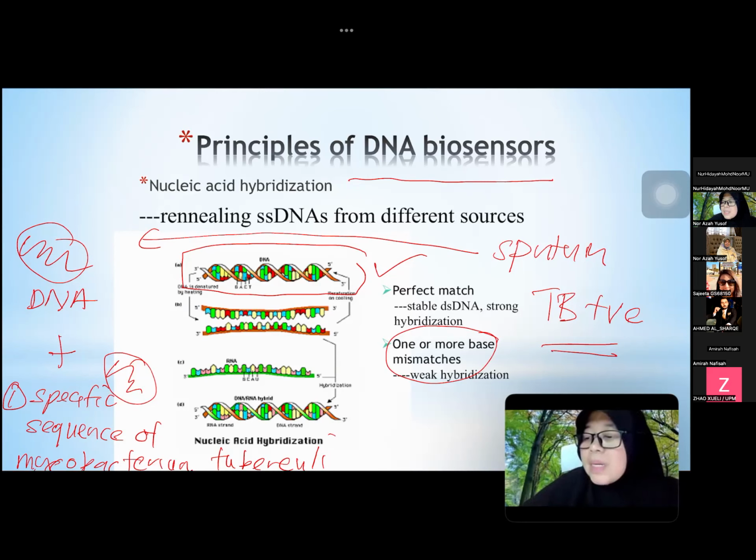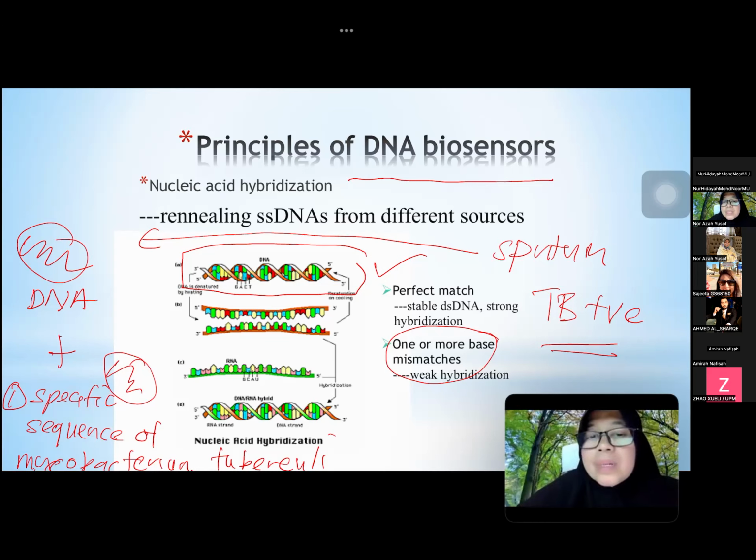That's why DNA biosensors are usually more on monitoring. If you have a suspicious case of being positive for TB, but the result is not that clear, then you are subjected to further investigation.